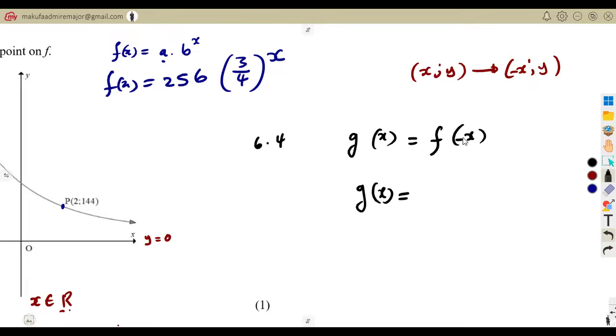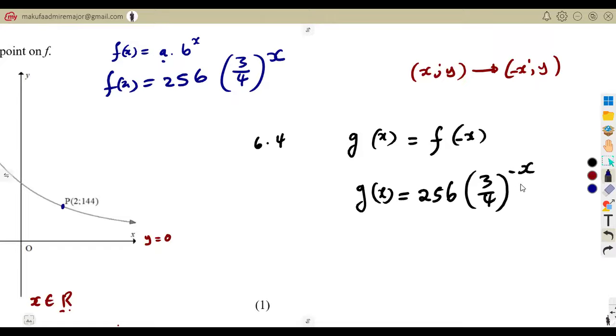The x values will be multiplied by a negative. So it's going to be 256 times 3 over 4 to the exponent of minus x. So the x there is going to be replaced with a negative. All right, so that's it, guys.